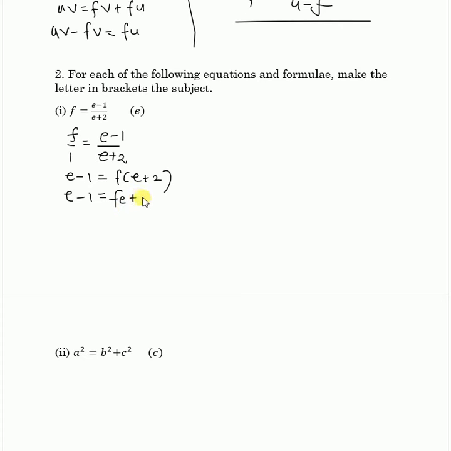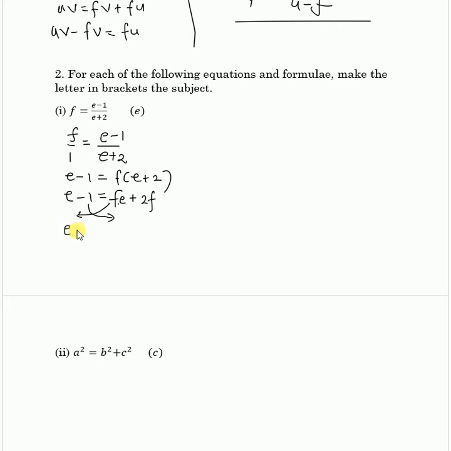So this one is 2f, and now we want to have e alone on one side. So we shall get all the terms containing e and put them on one side. So let this fe get to the left and this one get to the right, like this. Don't do that in an exam, I'm just showing you what I'm doing here.